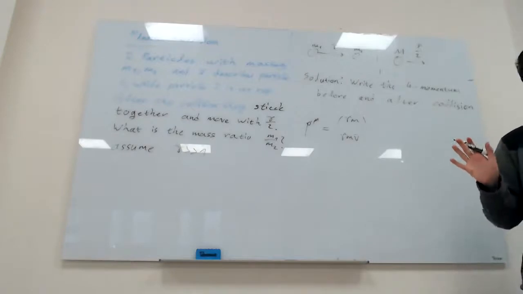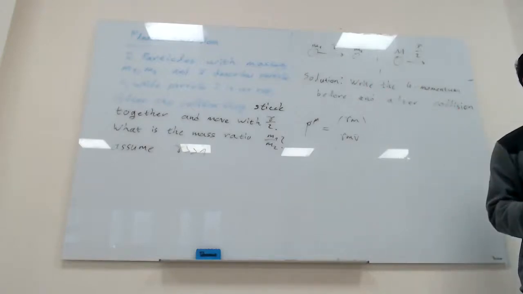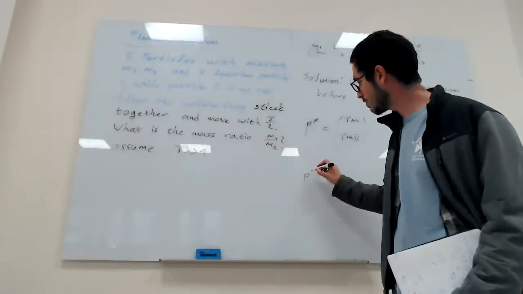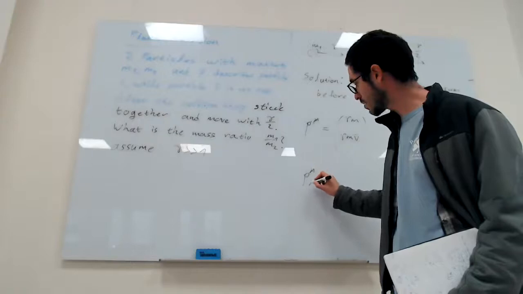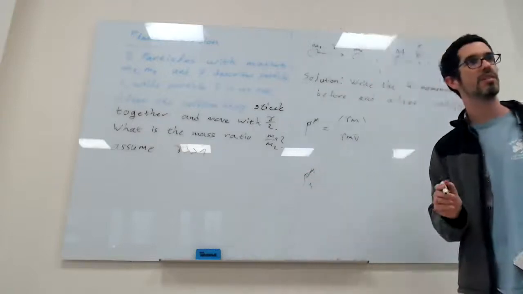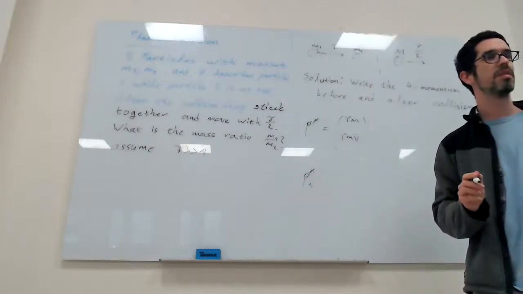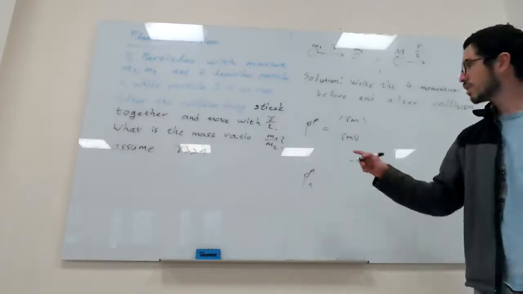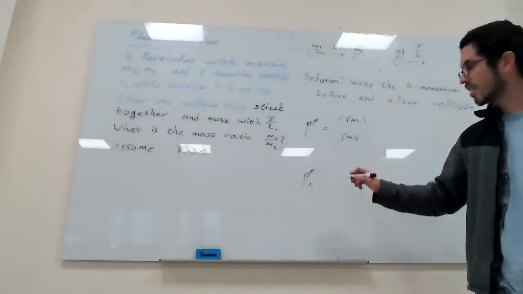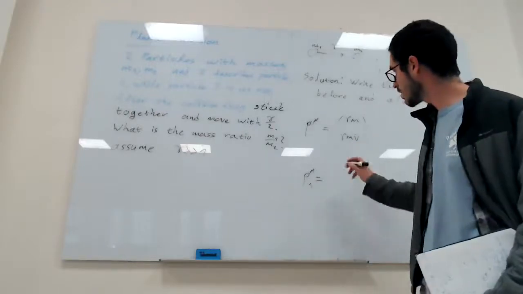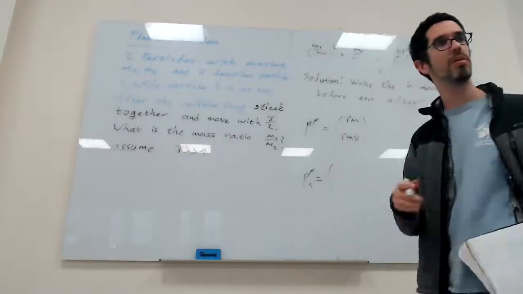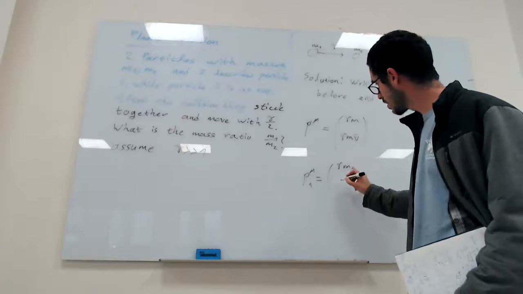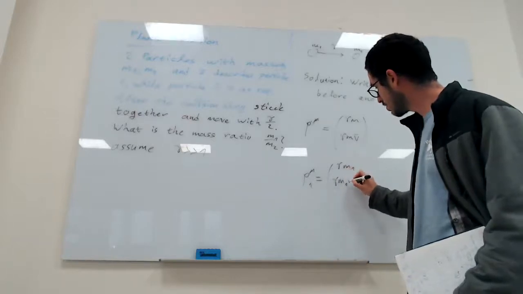What do we have in our system? What is it before the collision? For particle 1, we want the relativistic momentum, so we have gamma m1 and gamma m1 v.